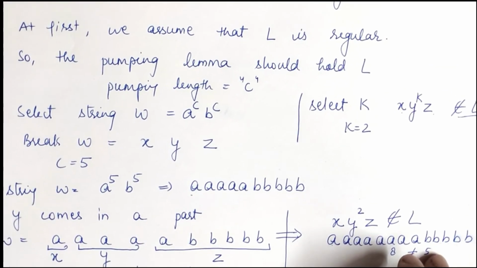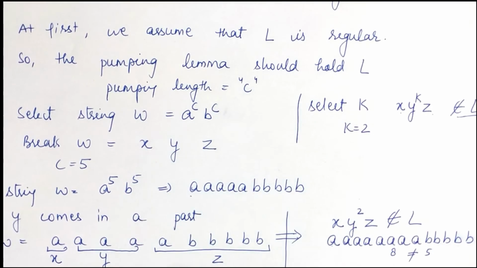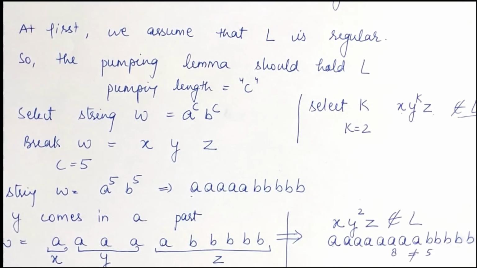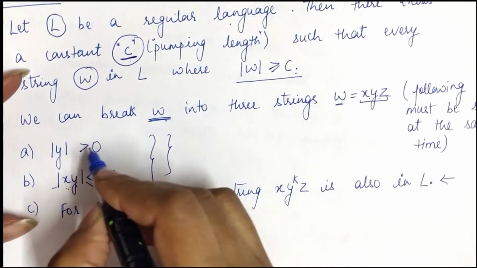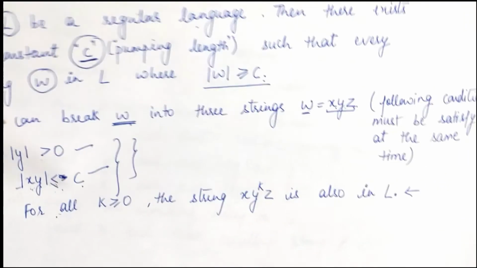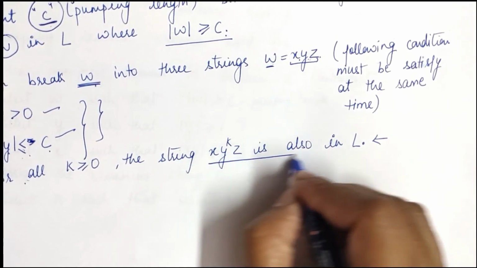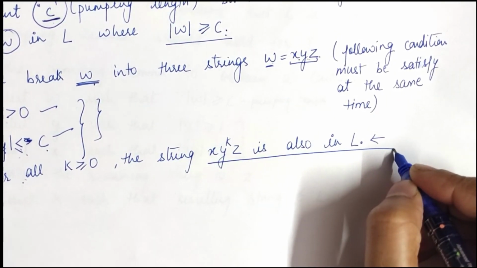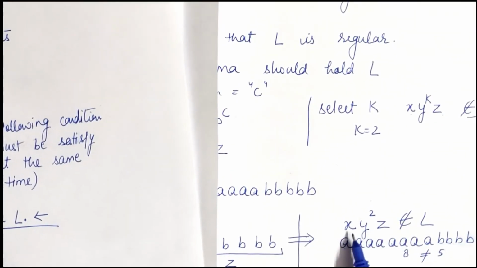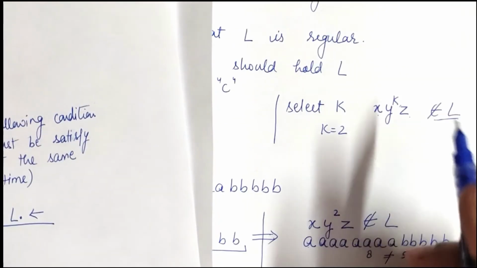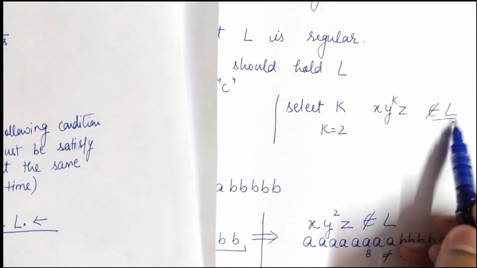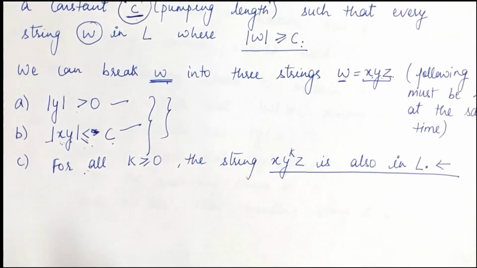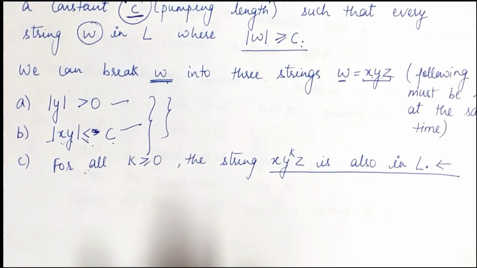So after doing all these steps, we can check that even though these two conditions are satisfied, we still do not have the condition satisfied in which x y to the power k z does not belong to L. That's why we cannot pump, by contradiction.